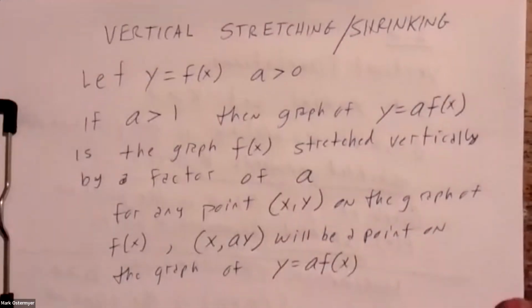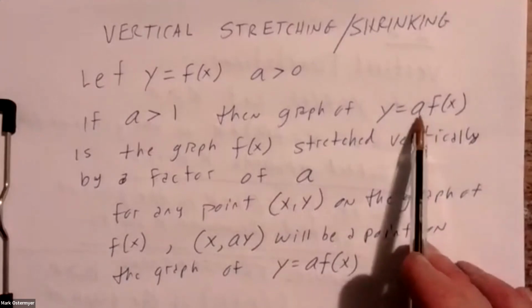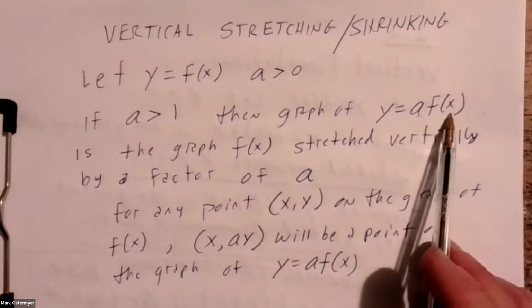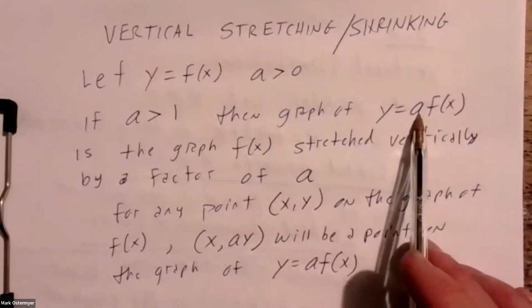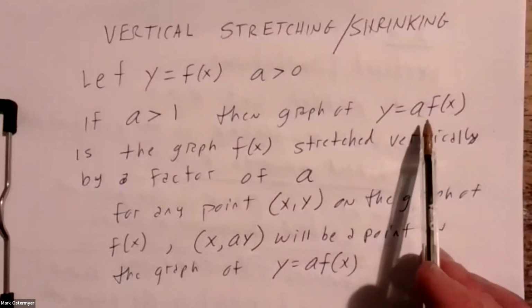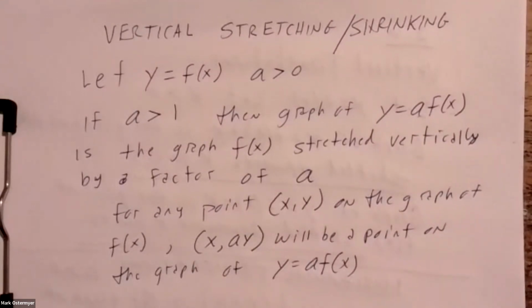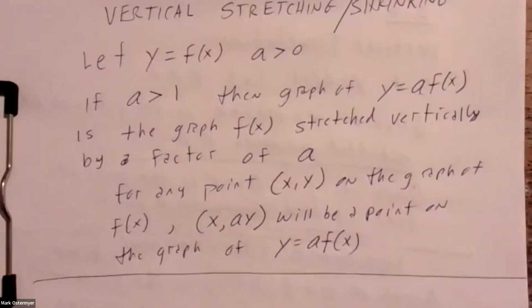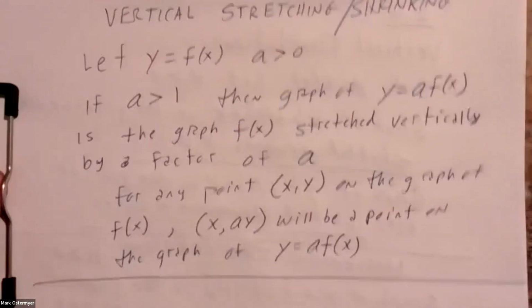Okay. So in other words, basically put, when you multiply a function by a real number greater than 1, it's going to cause all the y coordinates of the basic function to be stretched vertically by a factor of a. That's what's going to happen. So that's going to give you the effect that the graph has been pulled vertically upwards, or stretched vertically upwards.